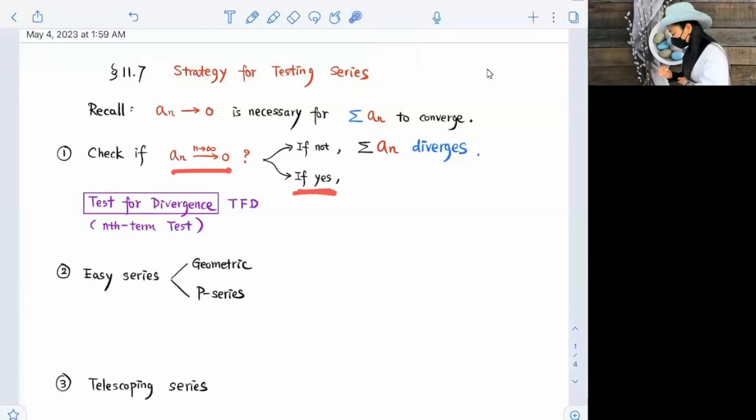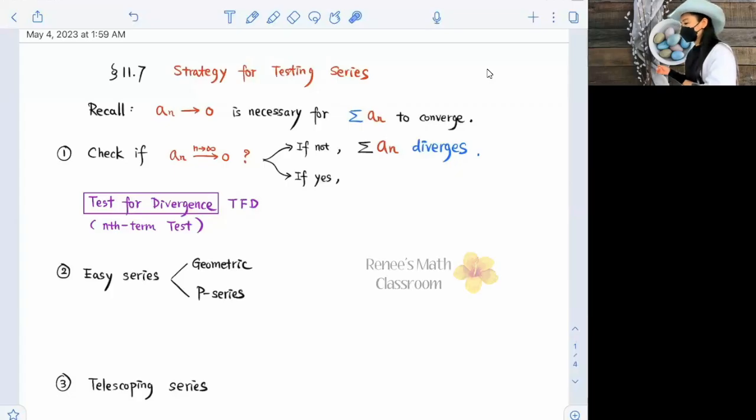Now, what about if the nth term does go to 0? Do we have a conclusion? Can we conclude the series converges or diverges? Daniela sent out a very funny cartoon picture about that.